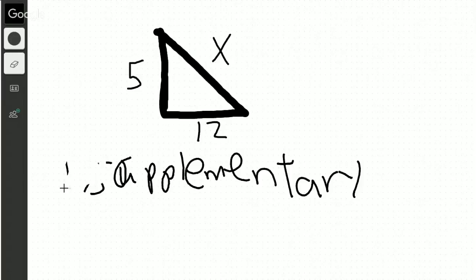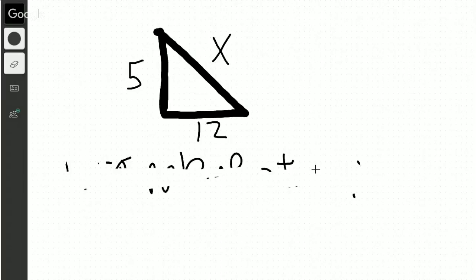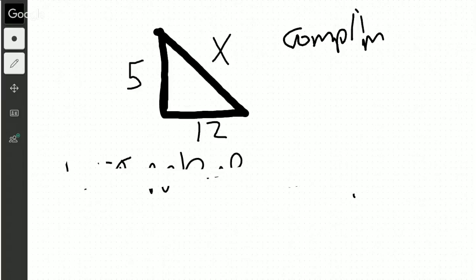And we can do the same thing with complementary as well. It's kind of a bad example, I apologize, but at the beginning we can just draw a line, and it looks like a 90 degrees.